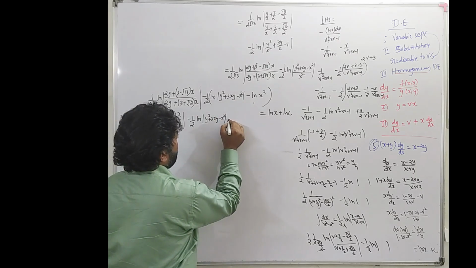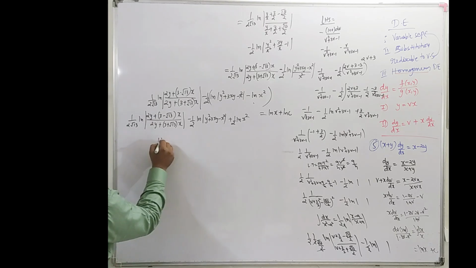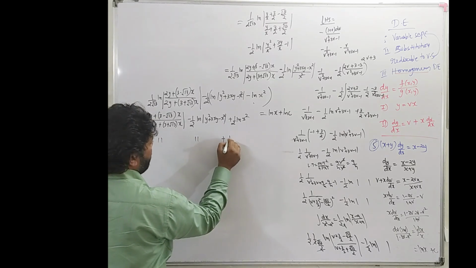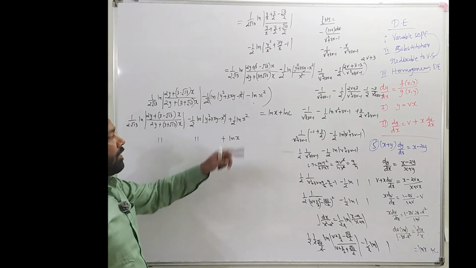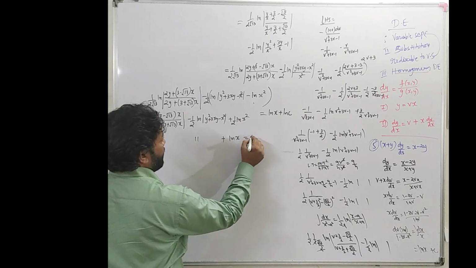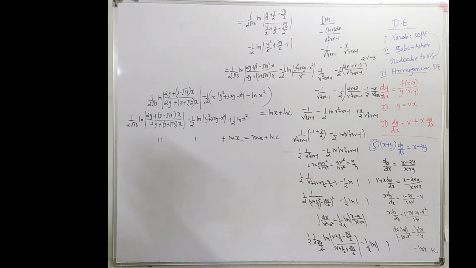Here it will become plus half. All other terms as it is. This thing we can remove the power 2, 2 will go to the multiplication. It will become ln x plus ln c. Ln x gets cancelled from both the sides.